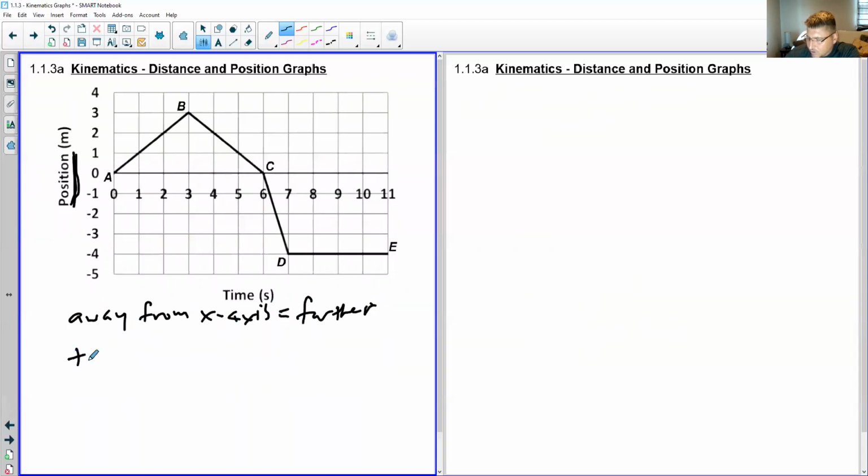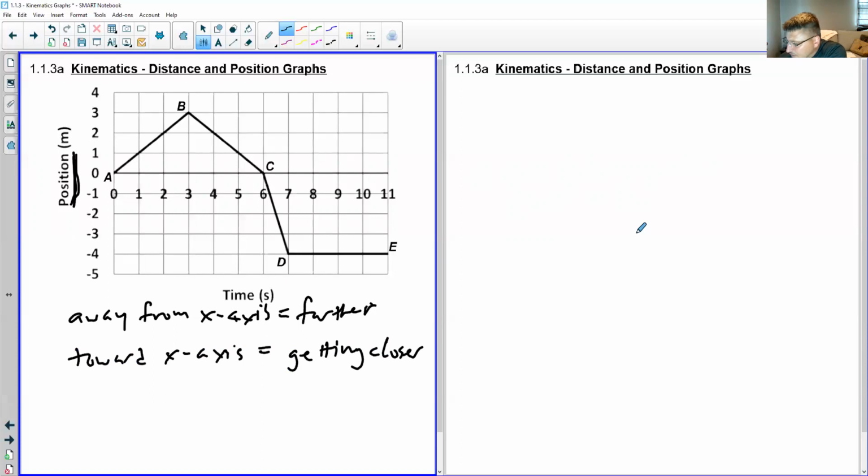And if you're going towards the x-axis, you're getting closer. And this is all relative to whatever the starting point is, right?